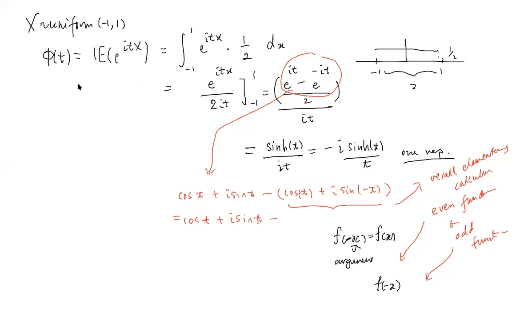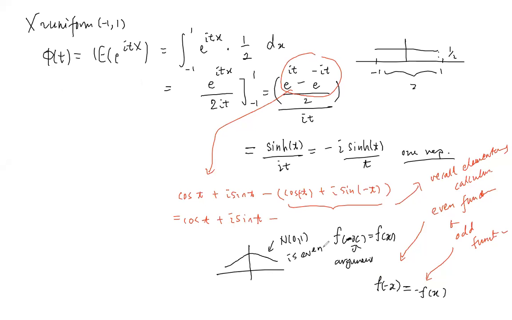Okay, this property is very useful in some situations. So the common ones will be like, for example, your normal distribution, right? Your normal distribution PDF is actually even, right? It's an even function because you look at here, right?